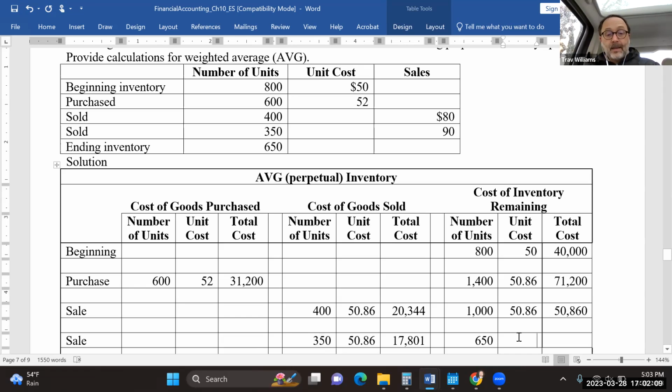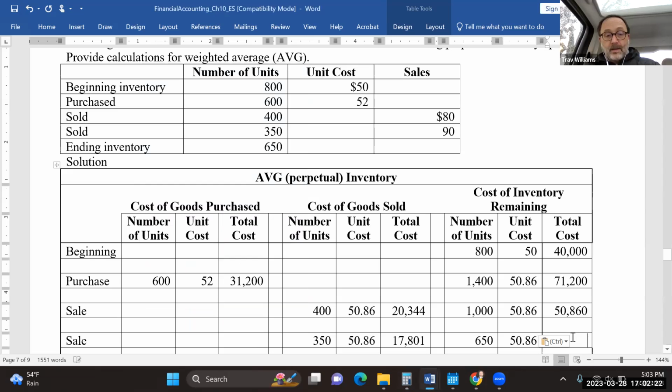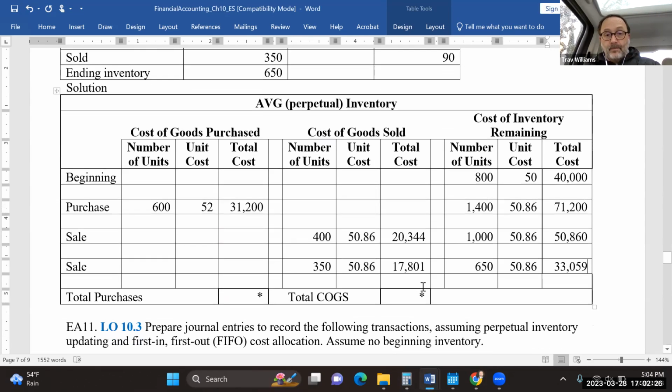At again the same $50.86. So 33,059 is our ending inventory. I'll double check that number, but our cost of goods purchased, again, is still the same.